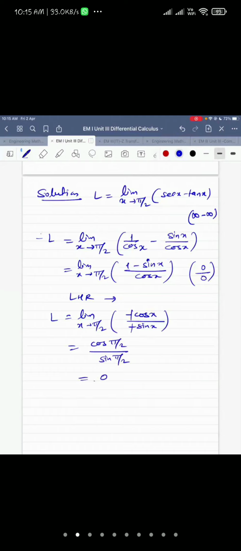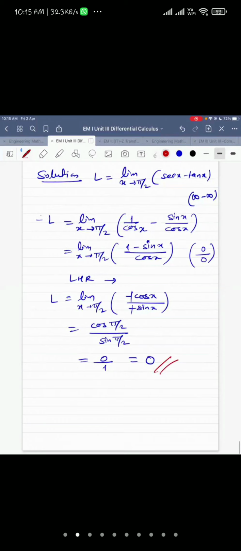Cos pi by 2 is 0 and sin pi by 2 is 1, and 0 by 1 is 0. That is allowed. If you write 1 by 0, the answer will be infinity, but if it is 0 by 1, the answer is 0. You don't have to apply the LHR again. Okay, so this is the infinity minus infinity form. This was a simple question.